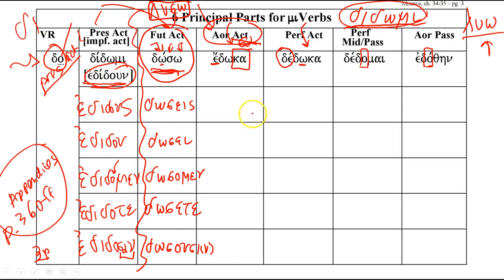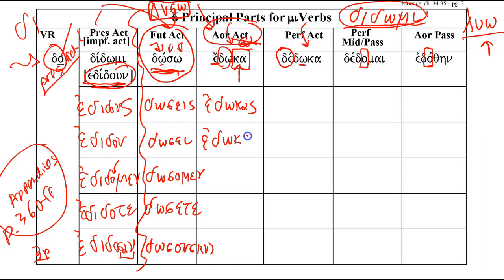And then you can see the same thing happening with I gave, edoka. The stem is do, and just remember to use the kappa tense formatives for the aorist tense. And edoka is I gave. Edokas is you gave.